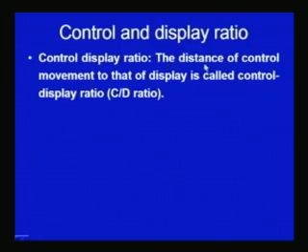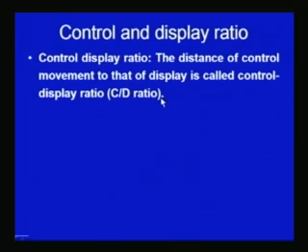When a small movement of the control is required to give a large movement of the display, then we have a low control to display ratio. The ratio of the distance of the control movement to that of the display movement is called the control display ratio or C by D ratio.